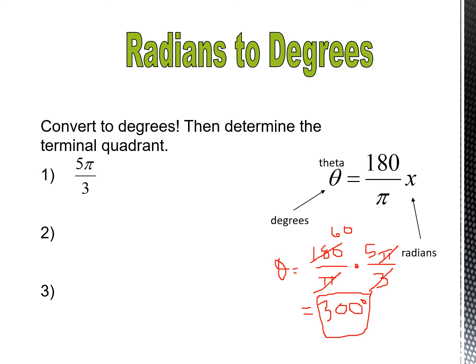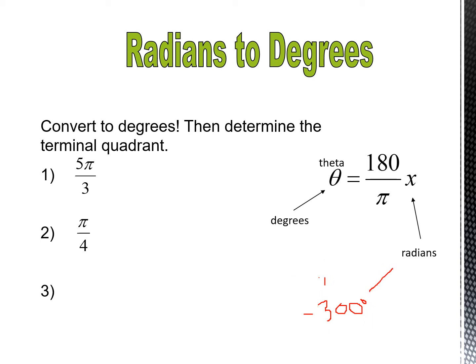All right, let's do another example. Let's convert pi over 4 into degrees.